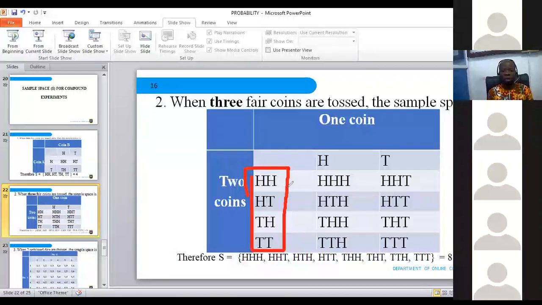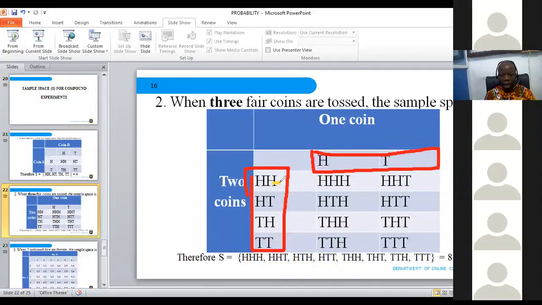And the third one, we throw separately. That will also give you head and tail. Now we put them together, the result from the 2 coins and the result of the single coin.